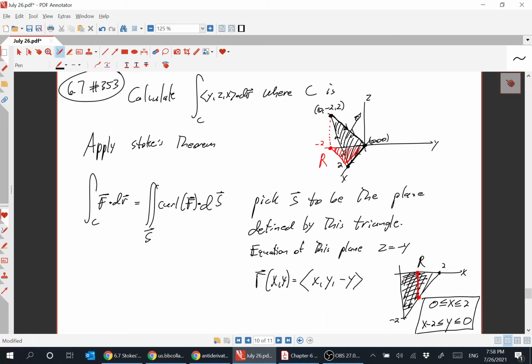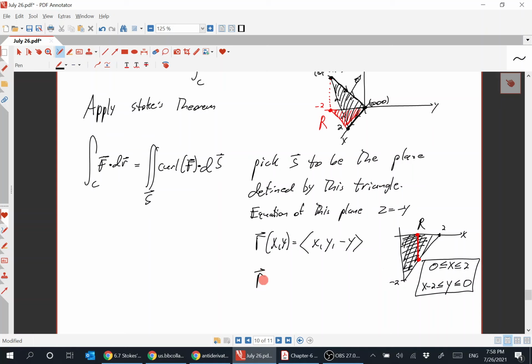You can just re-choose the surface. That's what Stokes' theorem says: that the surface integral of the curl is the line integral of F on the boundary. Well, the boundary is what matters, not the surface. So any surface that has that boundary will work, and the value of this won't change.